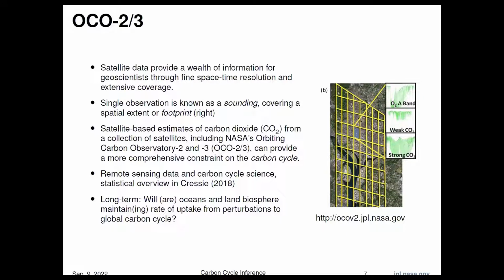As we talked about on the last slide, OCO2 now has been in orbit for 8 years and will hopefully last several more years. It's going to help answer questions such as whether the oceans and the land biosphere in particular will maintain the rate of uptake of carbon from perturbations to the carbon cycle.